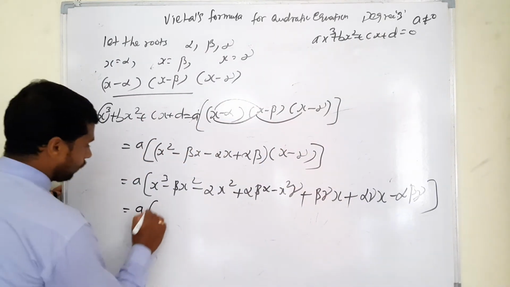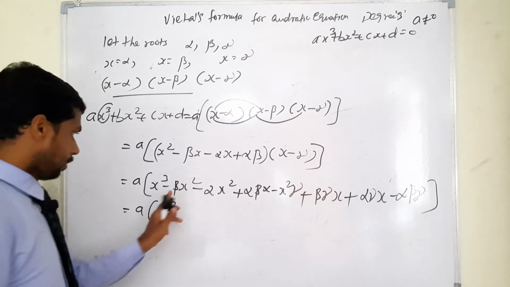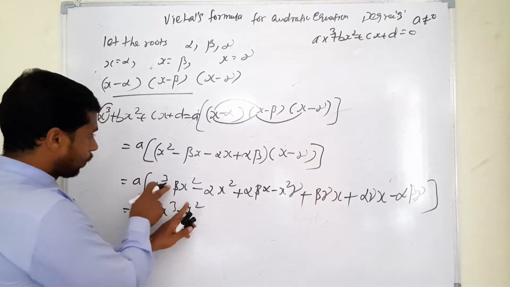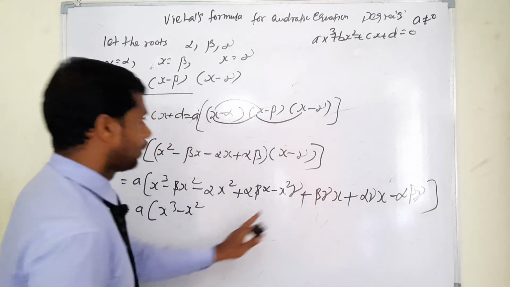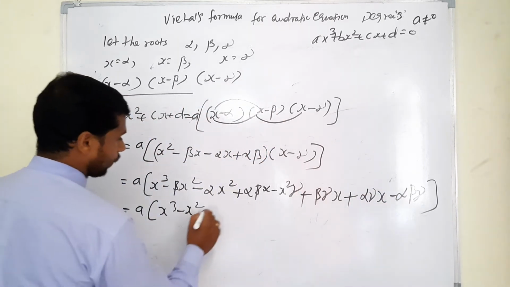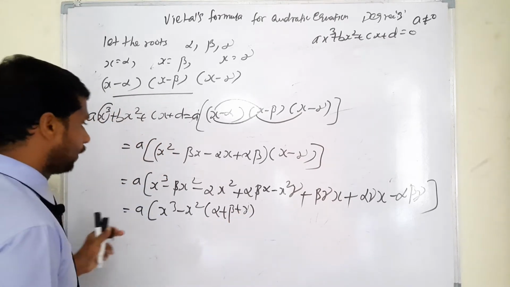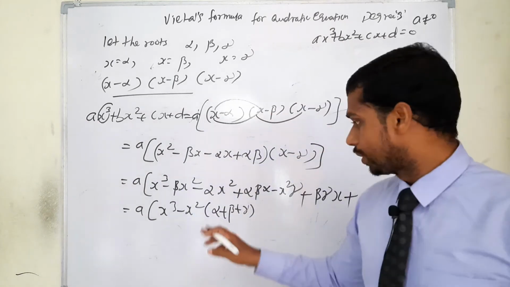What will happen? Inside, x cube as it is, then the square terms. So minus x square taken common outside, beta is there, alpha is there, and gamma also is there. So minus x square taken common outside means alpha plus beta plus gamma. This is the sum of the roots taken one at a time.